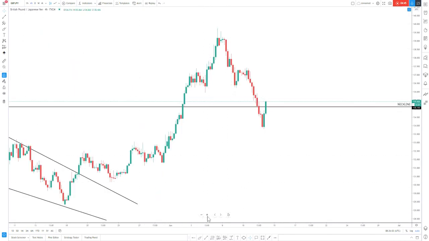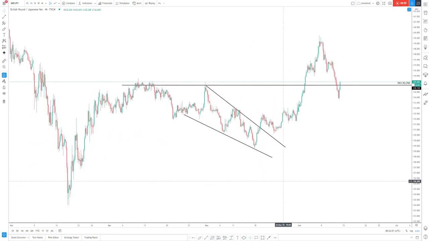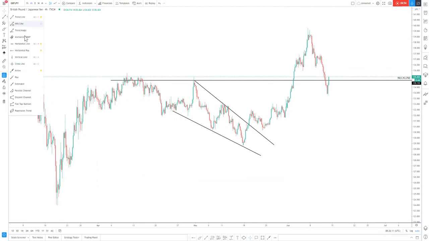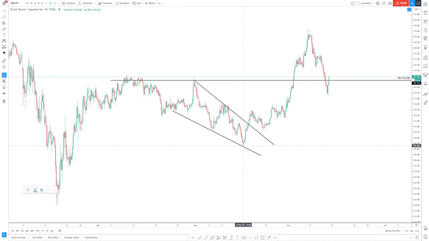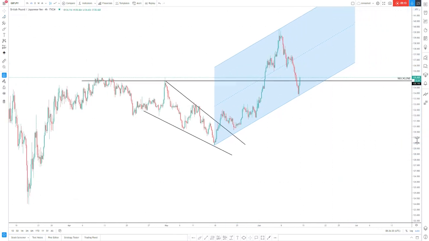And on the 4-hour time frame, there is a channel in which price is moving, to be precise. So we can see price has actually been moving in a channel.